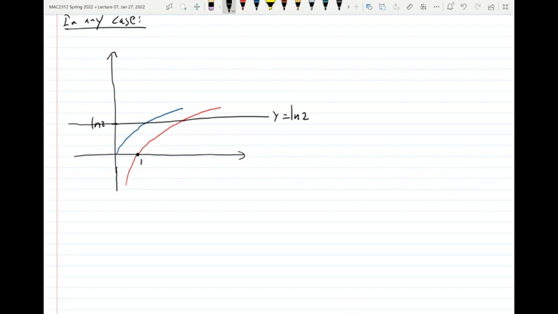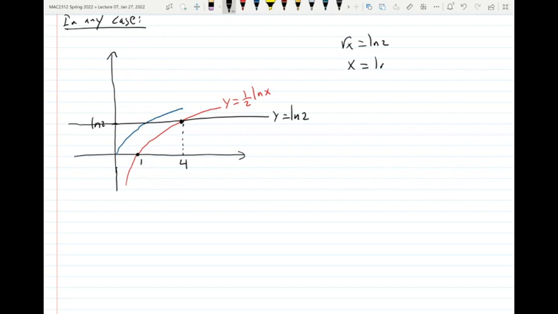And let's see, what is this point? So remember that the red curve is y equals 1/2 ln of x. So we're gonna get ln of 2 if I put a 4 here, right? If I put x equals 4, that's 2 squared. The 2 comes down and cancels with the 1/2. So this happens when x is 4, and then for the square root function, we get square root of x equals ln of 2.